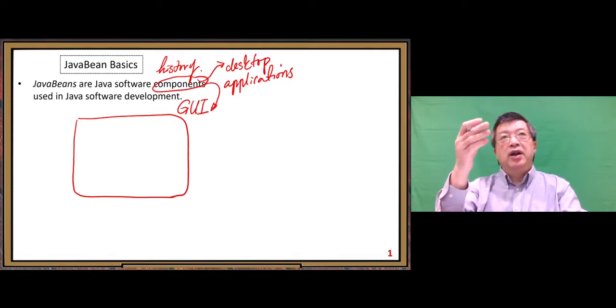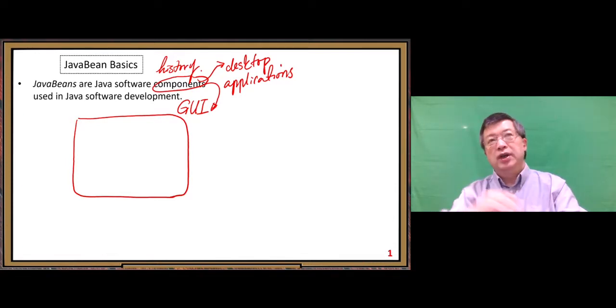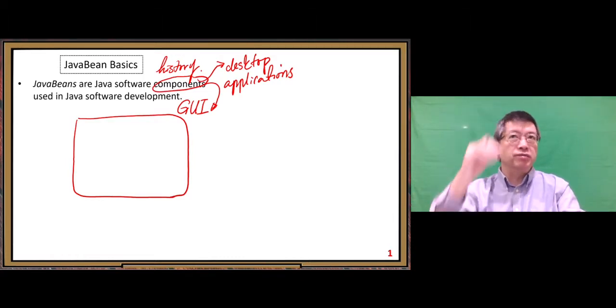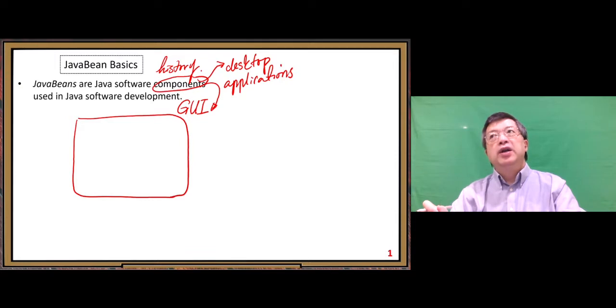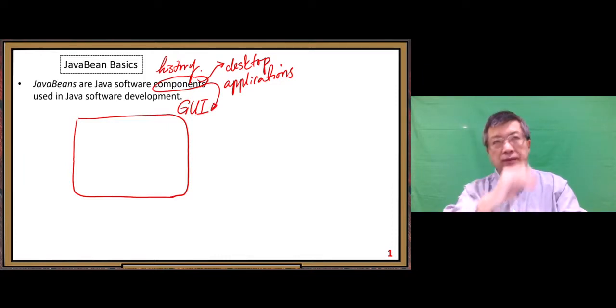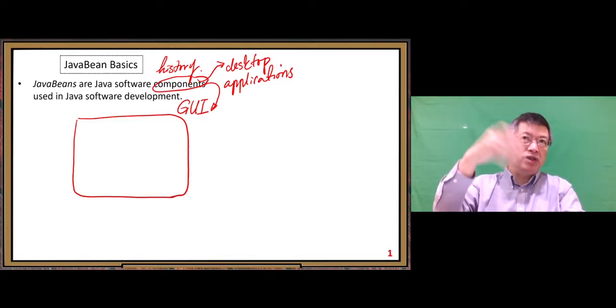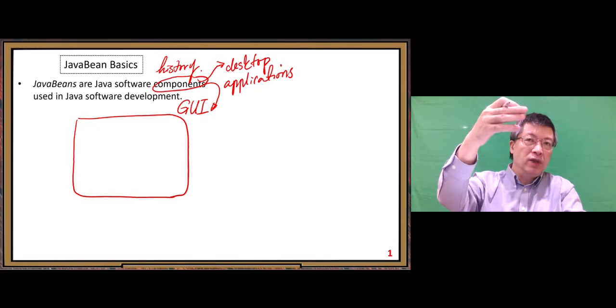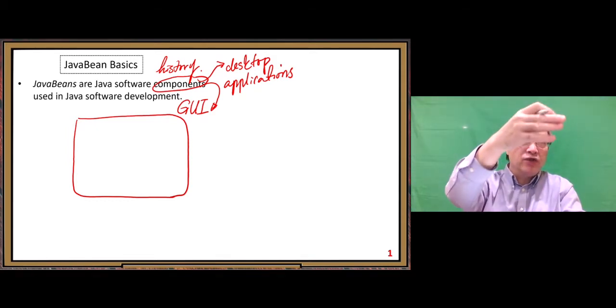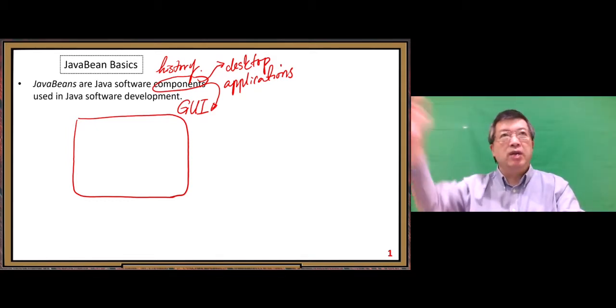I mean, just like the Microsoft Basic Visual C++ tools. Here, the Java team wanted to do the same thing, because Microsoft was very successful in desktop application development.